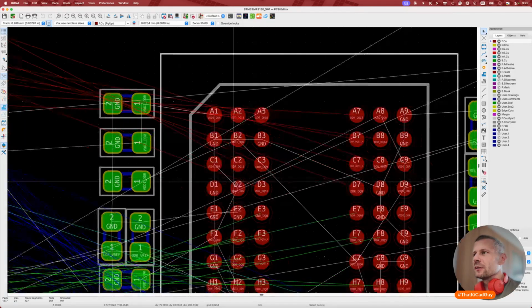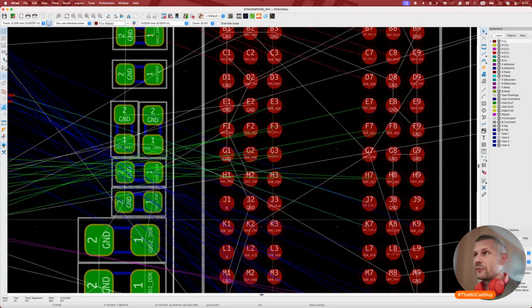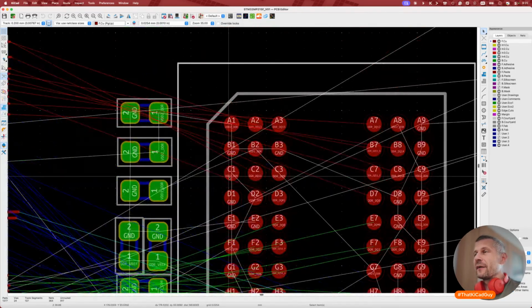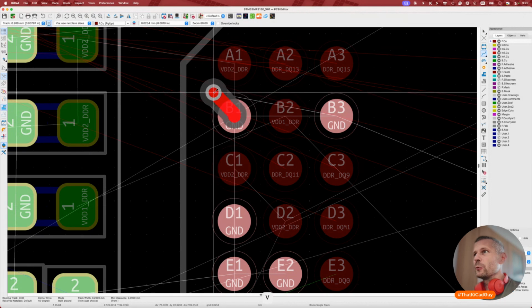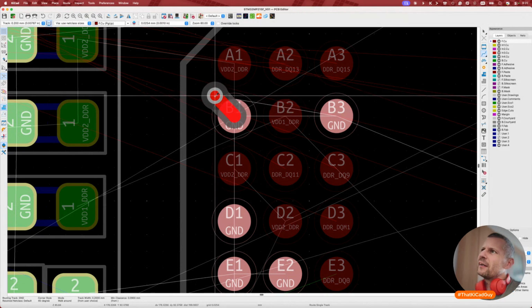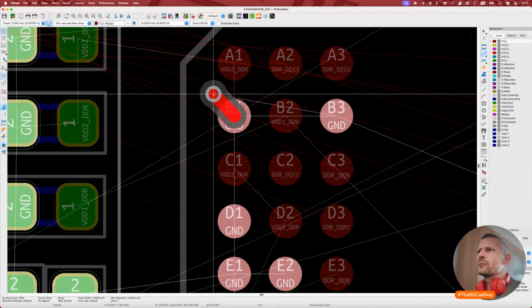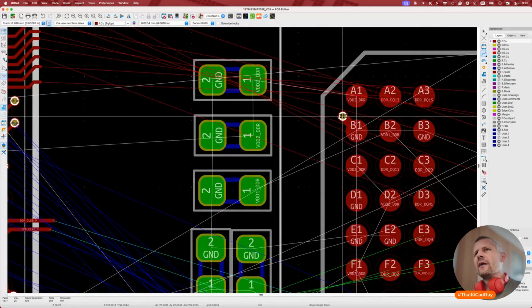The blues, the blue airlines, will be routed with the most narrow tracks, but for the ground I will choose 0.2. And as we say, this is probably the optimal.